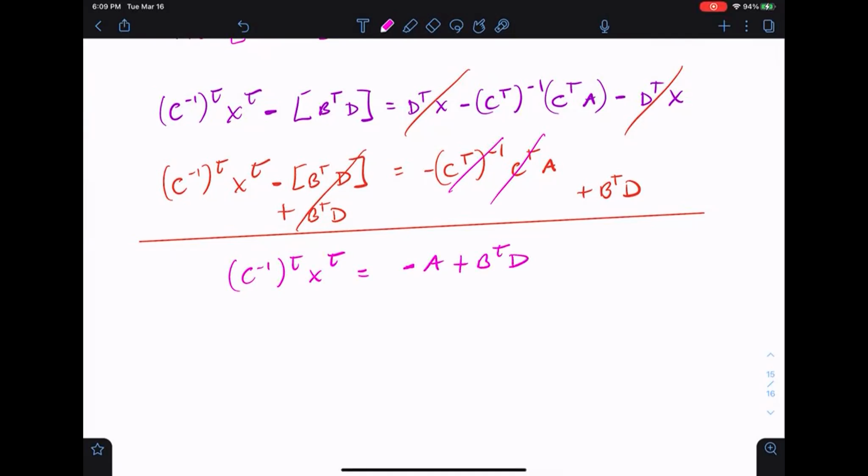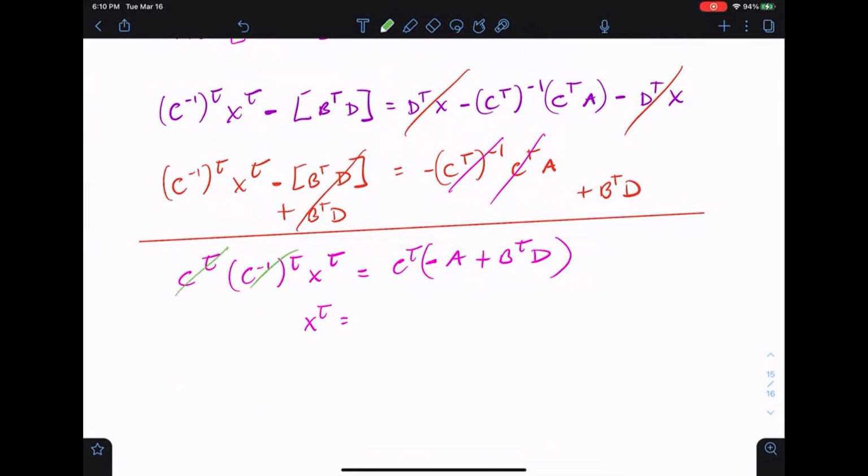And then after that, I need to multiply by C transpose. I'm sorry about that. You need to multiply by C transpose on the left side. So this cancels out, and you get X transpose, because they cancel, right? These two cancel.